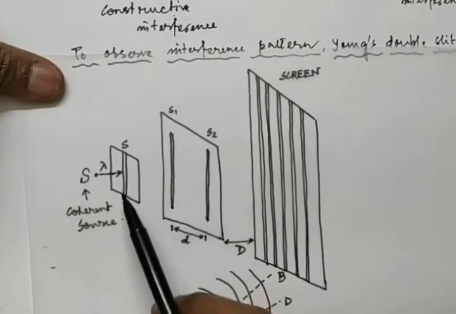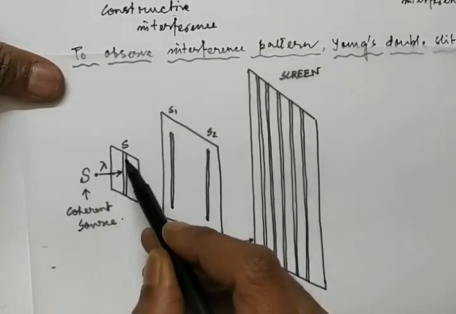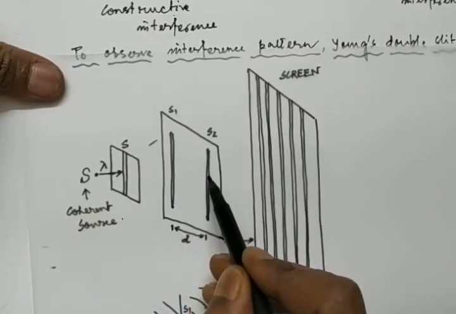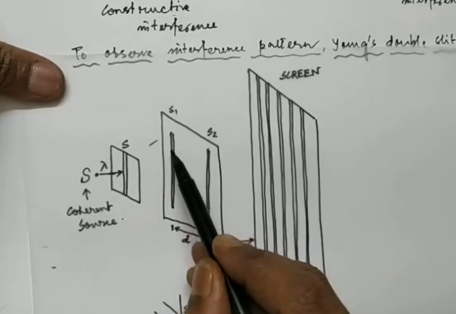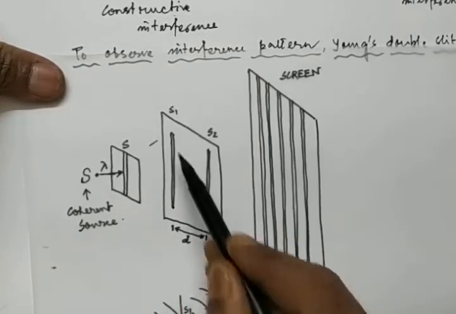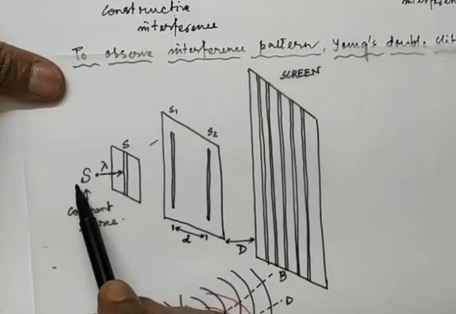a very narrow path, narrow slit. So some amount of light rays will be going like this and fall on this. So from here there are another two very narrow slits, very thin narrow slits. Okay, this is one slit, this is the source.